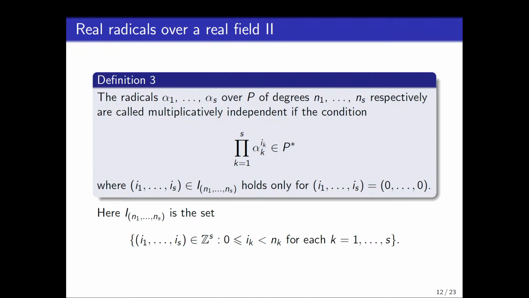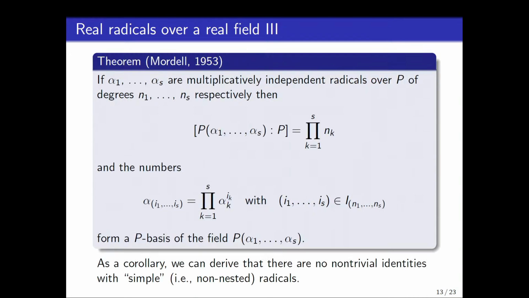Okay, and this is another classical result by Mordell, which says that if alpha 1 to alpha s are multiplicatively independent radicals over the field P of degrees n1 to ns, then the degree of the extension of P by alpha 1 to alpha s is exactly the product of the degrees of these radicals.